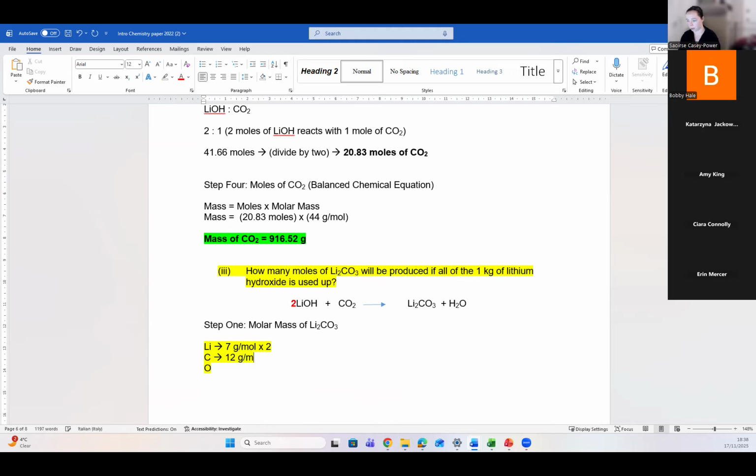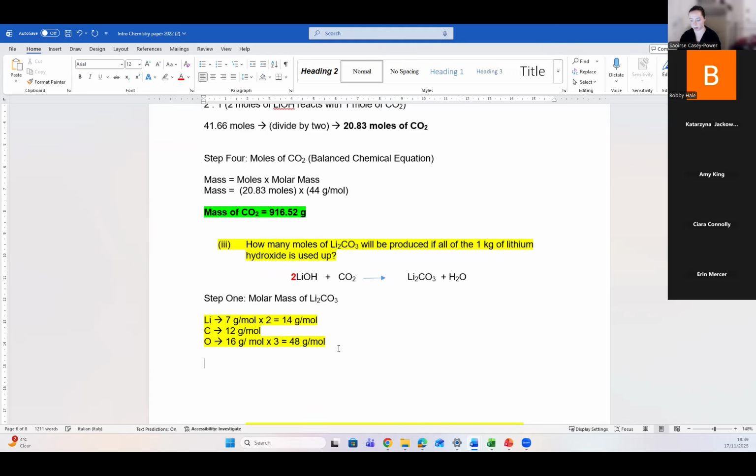Your carbon is 12 grams per mole, multiplied by nothing because we have 1. And our oxygen is 16 grams per mole by 3, to give us 48 grams per mole in total. And then we should have 14 for lithium here.